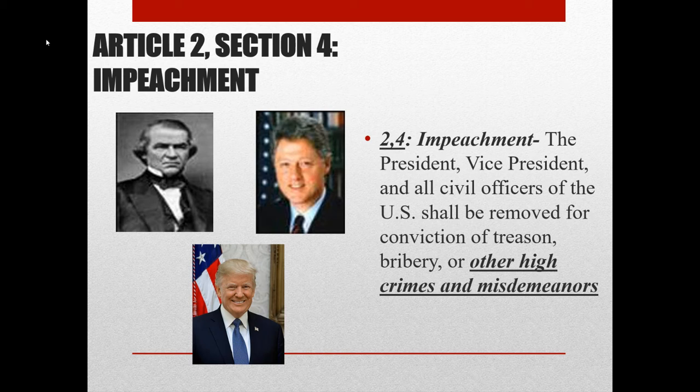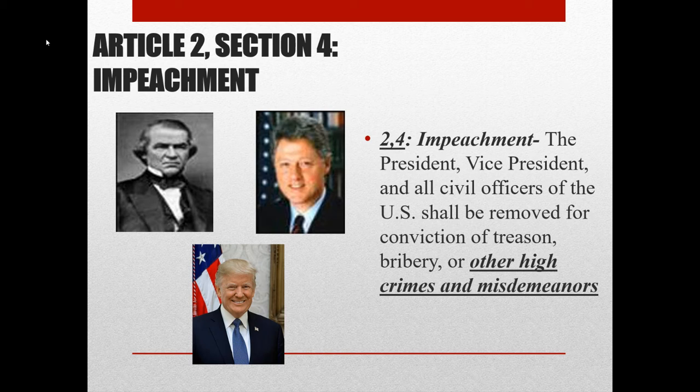We talked about how in our country's history, we have had 3 presidents to date impeached, and they're listed there. All so far have been found not guilty of those impeachment charges. They were formally charged by the House, but the Senate trial found them innocent, so they were able to remain in office.